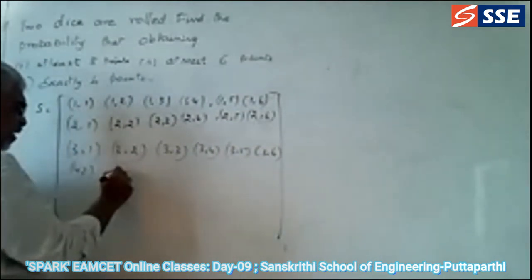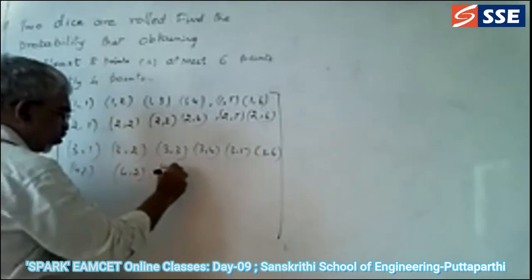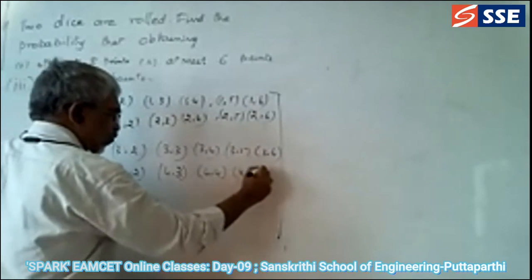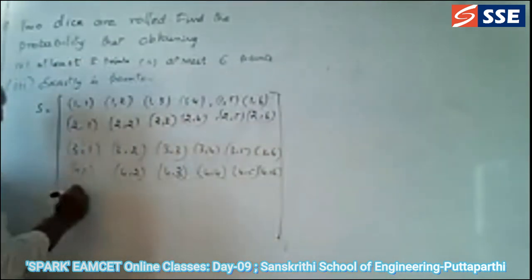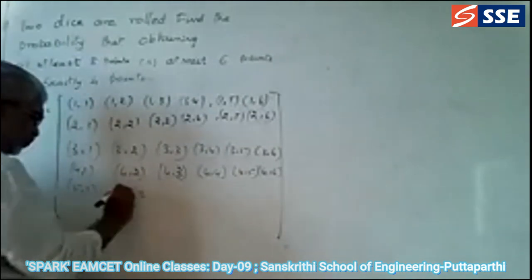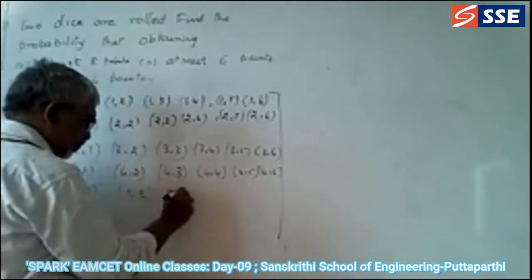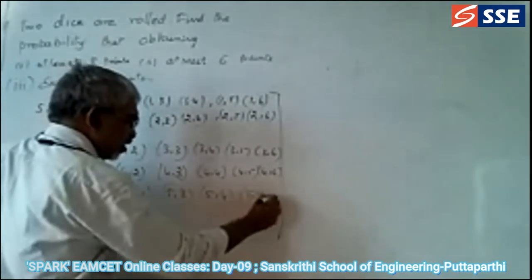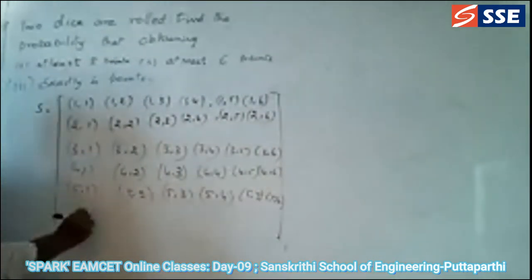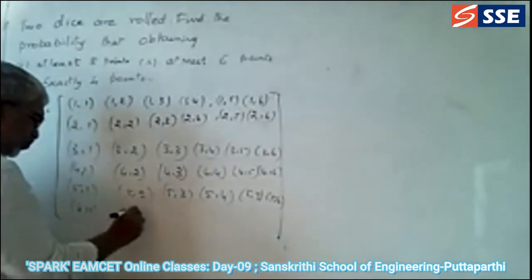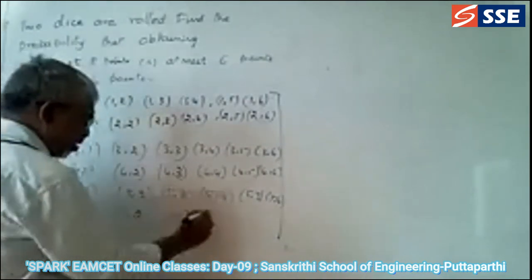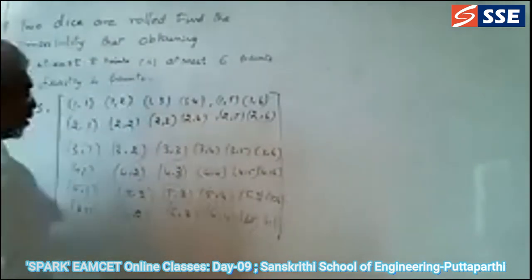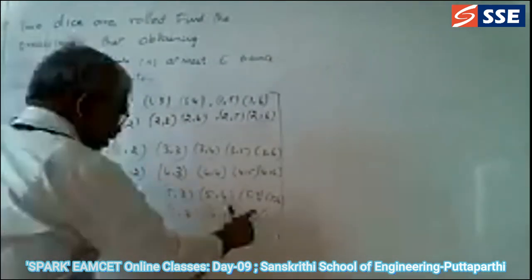For understanding purposes, I am giving this: 4,2, 4,3, 4,4, 4,5, 4,6, 5,1, 5,2, 5,3, 5,4, 5,5, 5,6, 6,1, 6,2, 6,3, 6,4, 6,5, 6,6.